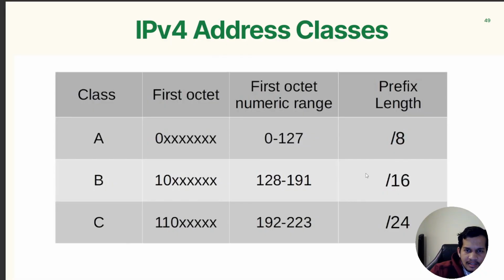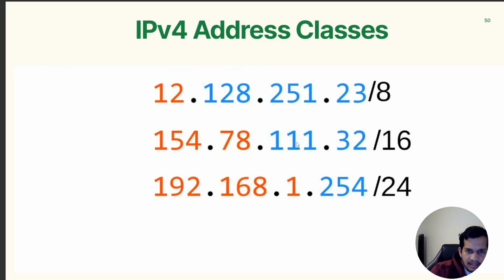Now we'll see the classes, and then the prefix lengths: /8, /16 and /24 for class A, B and C. As I told you before, /8 means the first 8 bits are reserved for the network, and the rest are reserved for the host.